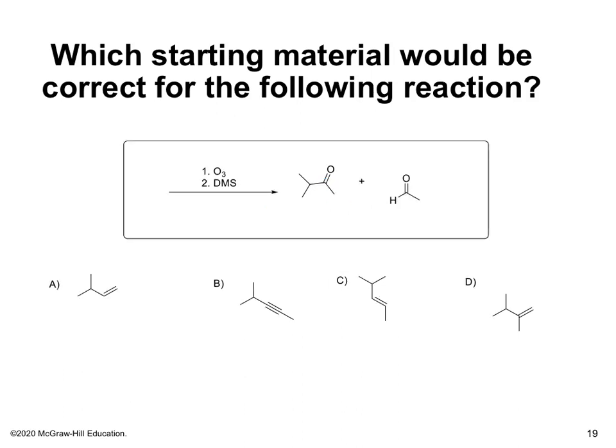These make aldehydes and ketones, so your starting material needs to be an alkene. And the alkene here will be this, and you see that's a ketone. So you need to have a tri-substituted alkene. Do we have a tri-substituted alkene?